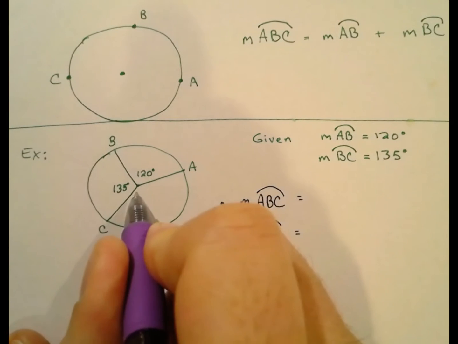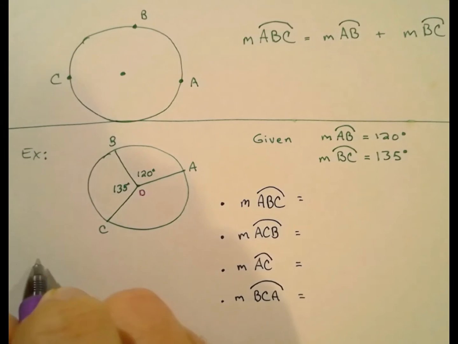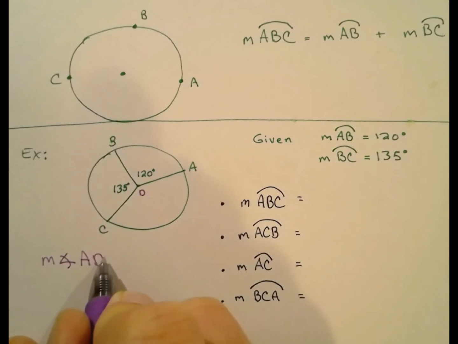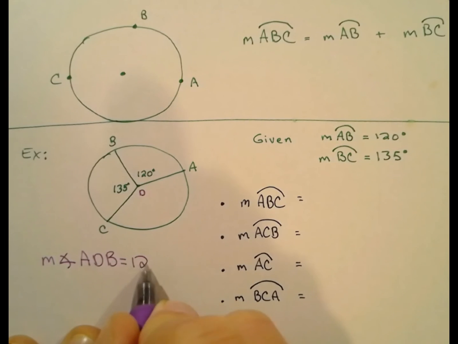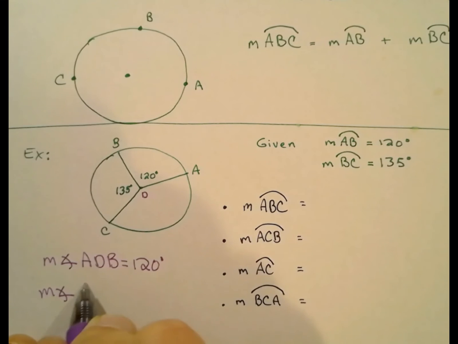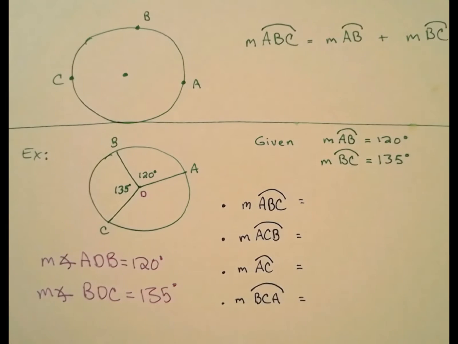I'll call the center D. The measure of angle ADB is equal to 120 degrees, and the measure of angle BDC is 135 degrees. We can figure out all of these arc lengths.